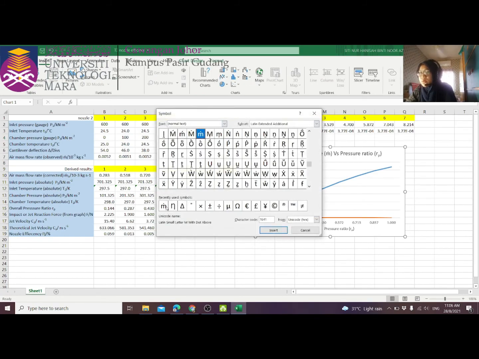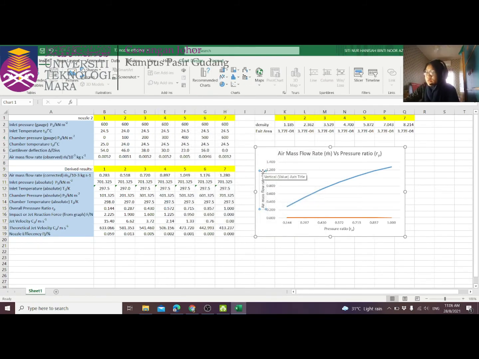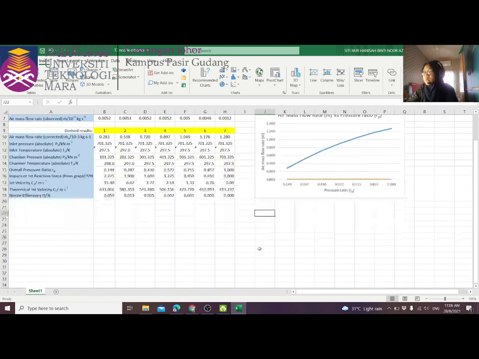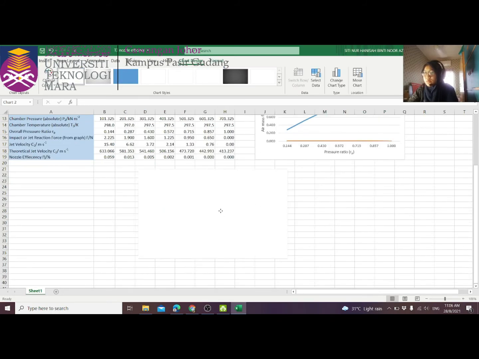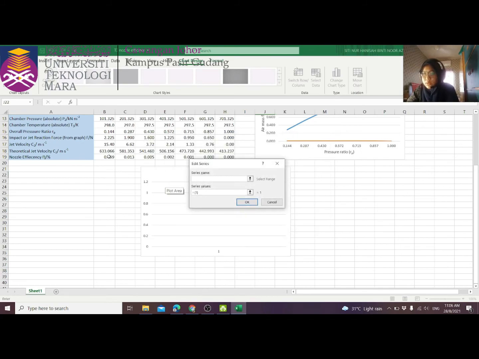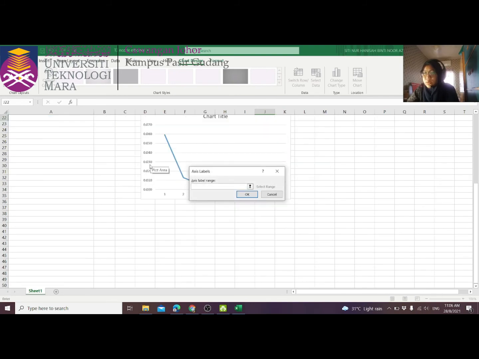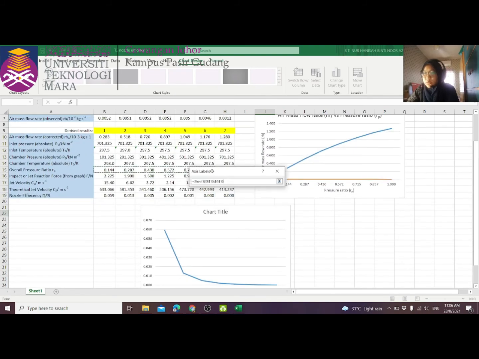Insert symbol, this one, insert, close, and then yes. Okay, one more graph should be select data, add, and I'm going to take this one. Okay, we did this and overall pressure.